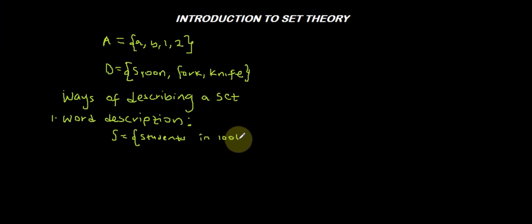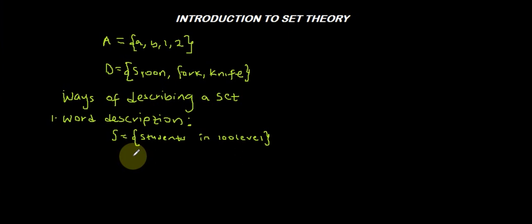So this is a word description of a set. You've described it in words. You do not define it or say boys or this. No, it's talking about the students in 100 level, whether they're in SPS, physical sciences or life sciences, so long as they're in 100 level, S is a set of them. So this is number one way of describing a set.